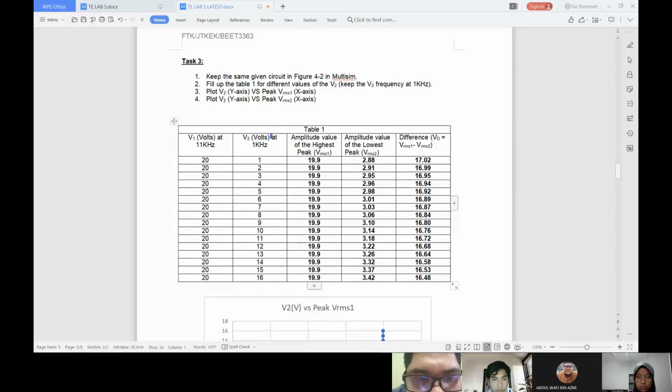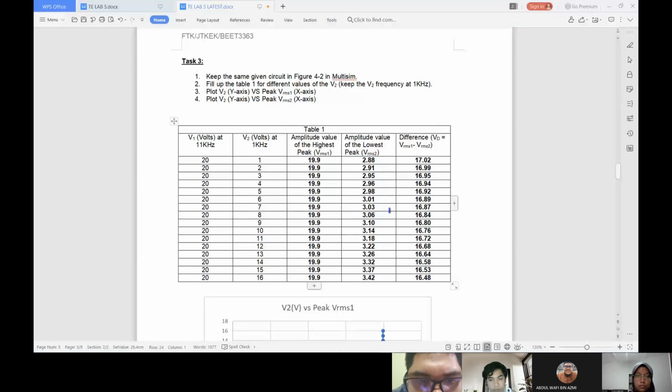After we change the value, we put in the table the results of the output, which are VRMS1 and VRMS2. After that, to get the difference, we must do VRMS1 minus VRMS2 to get this answer.